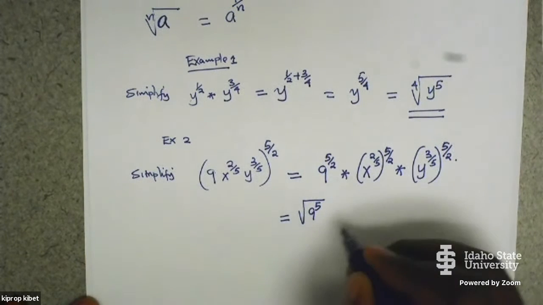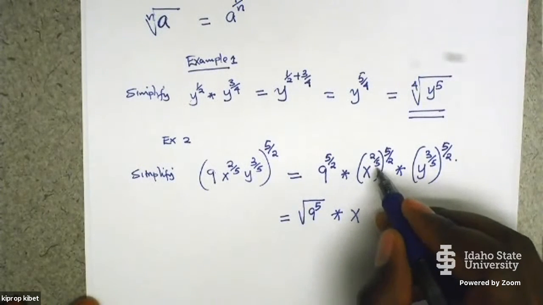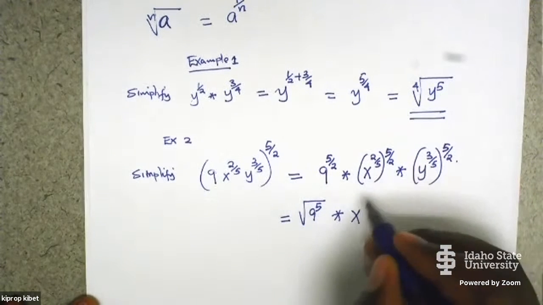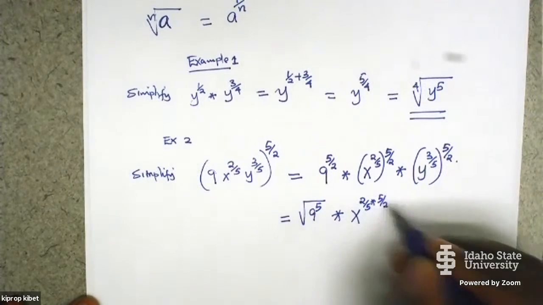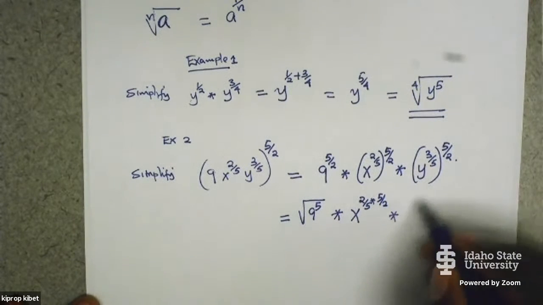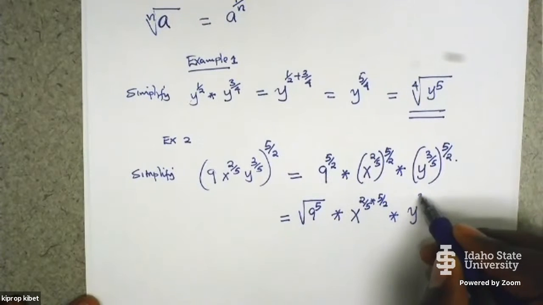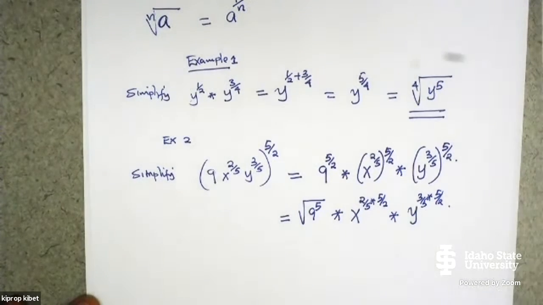Then multiplied by x raised to 2/5 raised to 5/2, which is 2/5 multiplied by 5/2. Then y is 3/5 multiplied by 5/2.